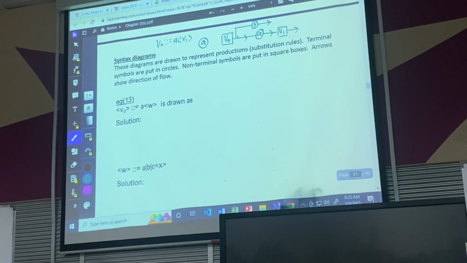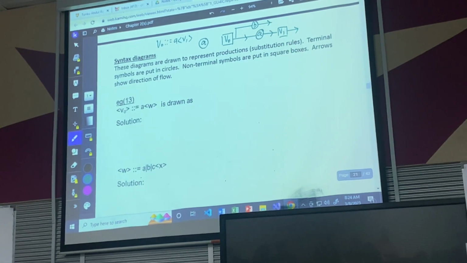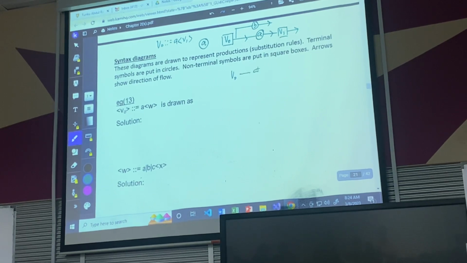If V0 substitutes with B, then you can draw another line up and go to B. If you want to separate these two substitutions, no problem for the syntax diagram. You can separate them also. Draw one for A V1. This one is one syntax diagram.